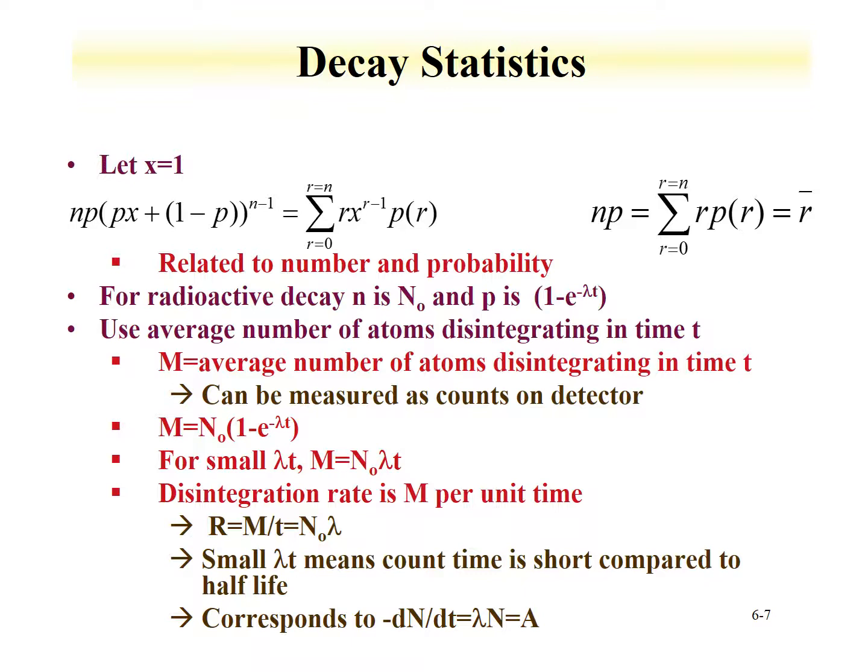Well, the rate here is just nothing more than m divided by t, and if I look over here, I take this t divided by here, that equals N lambda. This corresponds to our equation that we use frequently for determining activity, where the activity in counts per second is equal to lambda N.